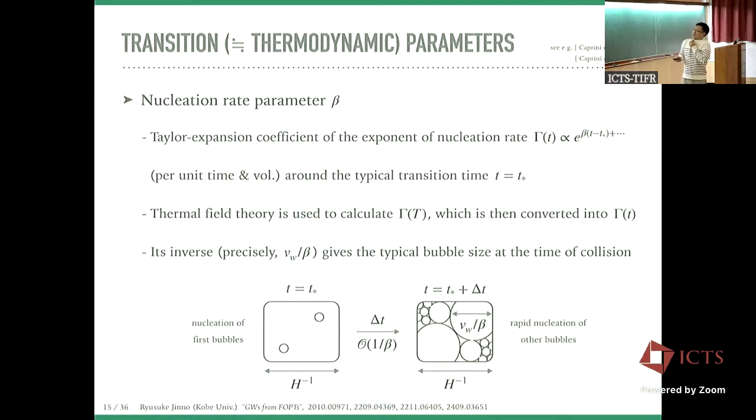For example, if I take 5 over beta, then this nucleation rate changes by a factor e to the 5. So this sudden increase of the nucleation rate results in the nucleation of other small bubbles around these first bubbles. So these first bubbles cannot expand anymore. So that's why the typical bubble size is determined by the velocity of these bubble walls times the typical time scale for the transition, 1 over beta. So the message is that this parameter, the Taylor expansion parameter beta, gives the typical bubble size at the time of collision.